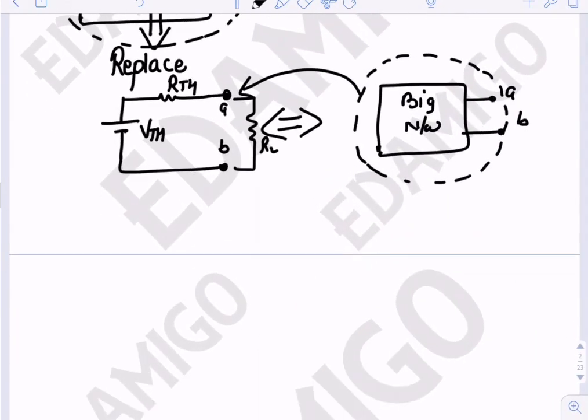So converting this big network to this combination of series VTH and RTH is done by Thevenin's theorem.